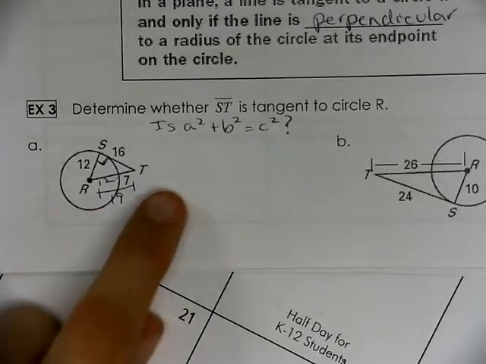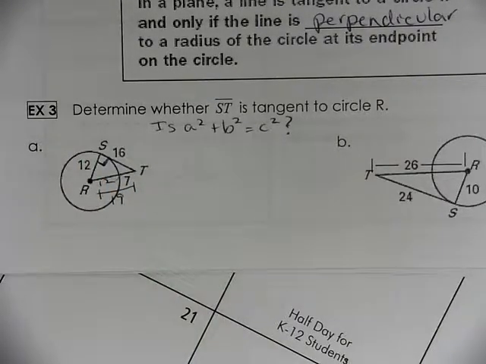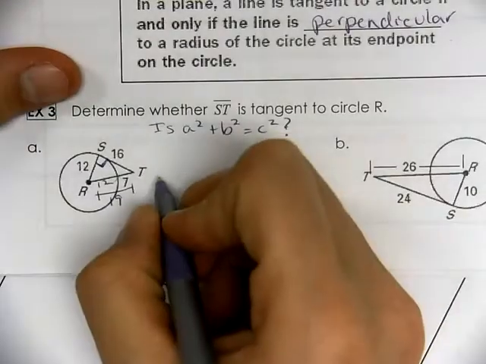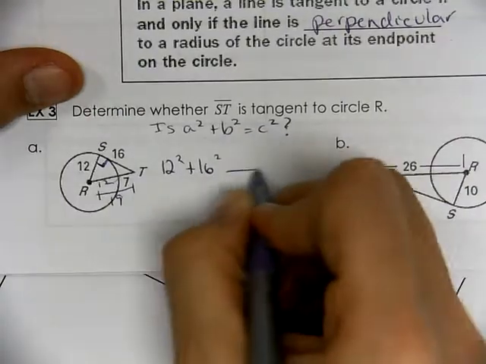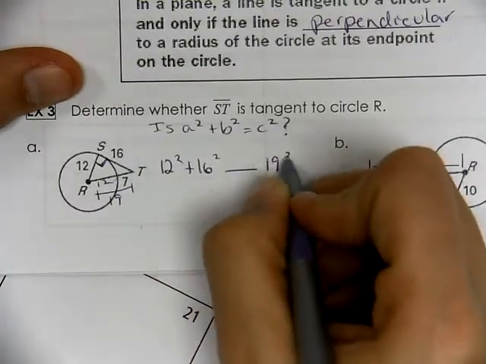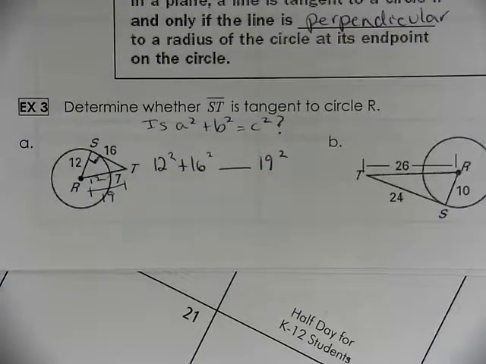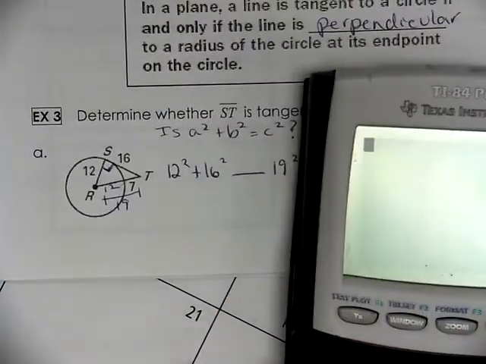So if they just give you a number and it looks small, because that should be the hypotenuse technically, it's because they didn't add in the radius part. So we're going to check. Is 12 squared plus 16 squared equal to 19 squared? If it's equal, we got a tangent line. If it's not equal, we got no tangent line.